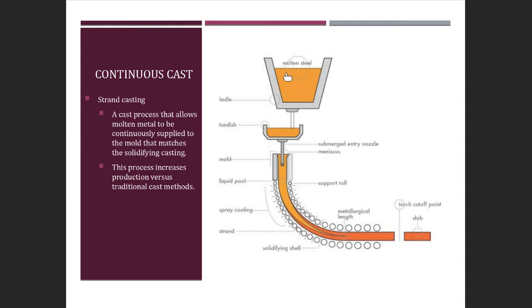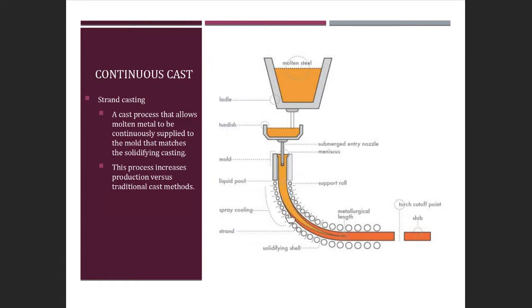Just like the coloration of this illustration, the molten metal is going to be orange, this golden color, and you can see right at around the second or third roll that is also assisted with spray cooling, it forms that casing encapsulating molten metal in the midsection of this casting.